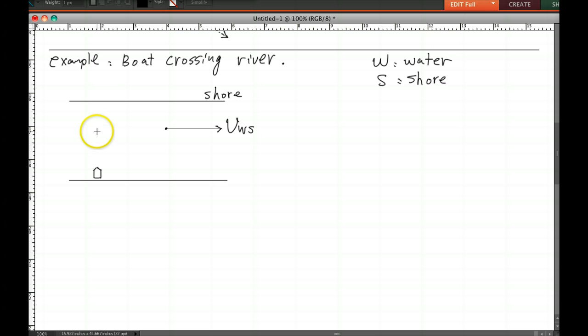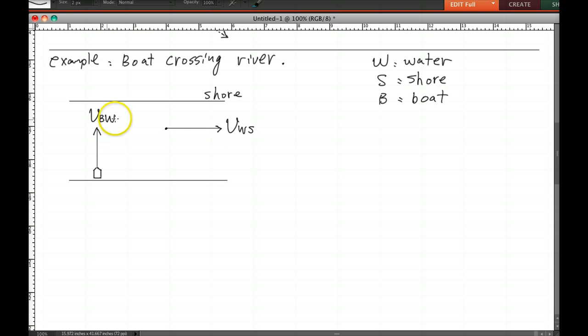The boat is trying to cross the river, going this way. So this is V, B to W. Now this is a very important concept. First of all, let's put this label down: B means the boat.